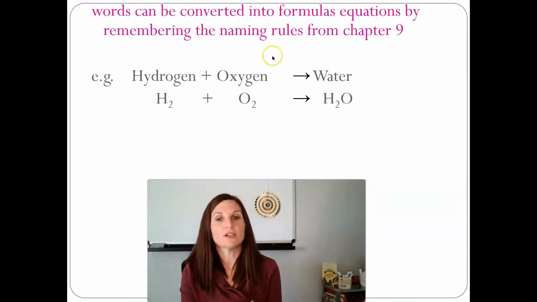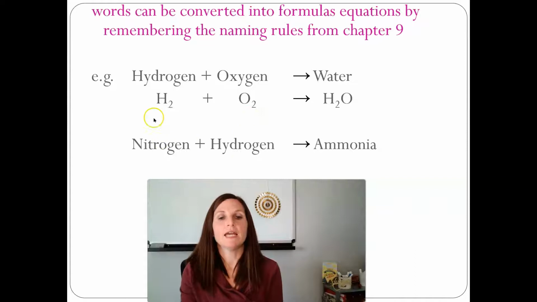So we're going to use our naming rules in order to come up with the formulas for each of the components of the word equation. Another example is nitrogen and hydrogen yield ammonia. So nitrogen is also part of that group of 6 in the shape of a 7. So we would write N2. Good.